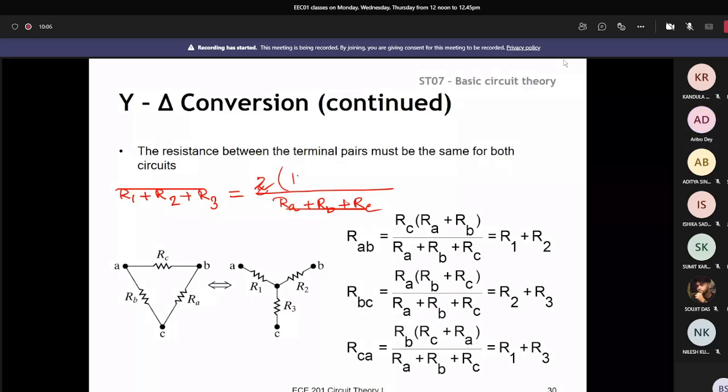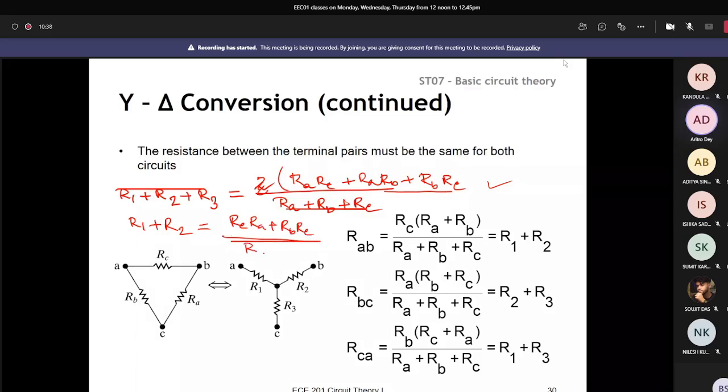So you'll be left with RCRA, RARB, and RBRC. So you have this relation, and you have the other relation, which is R1 plus R2 is equal to this RCRA, RBRC, divided by RA plus RB plus RC.